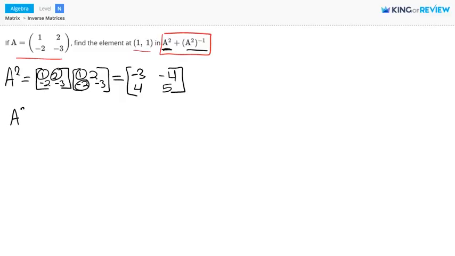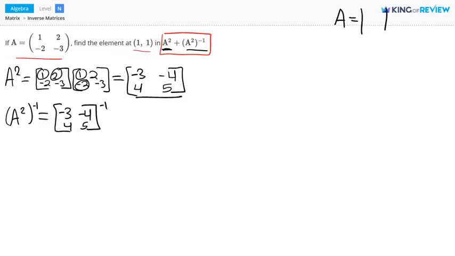Now let's find the inverse of A squared. So how do we do this? Well, let's say that matrix A is equal to A, B, C, D. So the inverse is going to be calculated by taking 1 over the determinant.